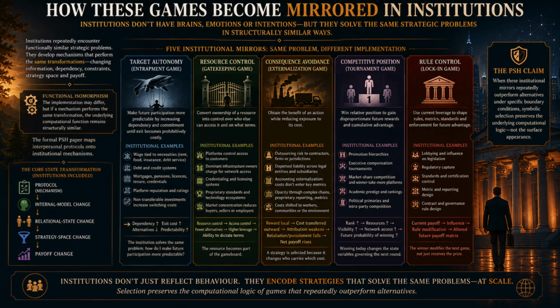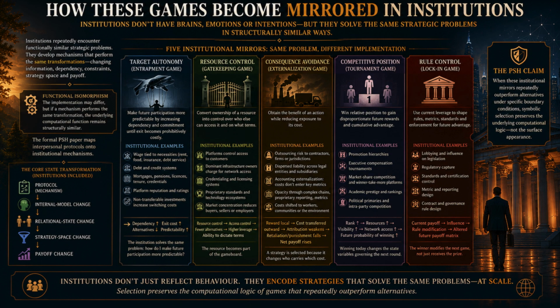So take solving the target autonomy problem. Interpersonally, an instrumental actor can make another person more predictable by generating dependency. Institutionally, wages, debt, credentials, pensions, or platform lock-in can perform the same strategic function. Resource control, the game that I talked about earlier, becomes gatekeeping. Whoever owns the platform, infrastructure, or credentialing pathway determines who gets access.